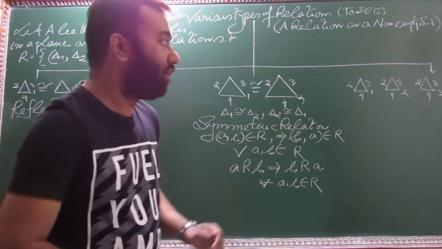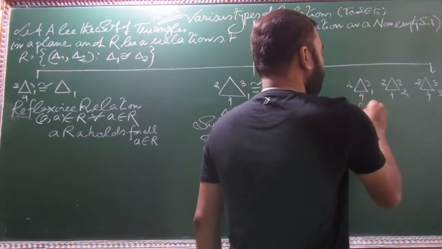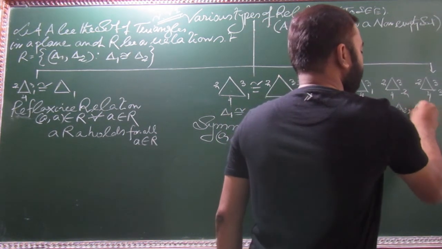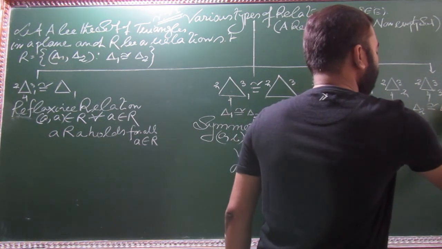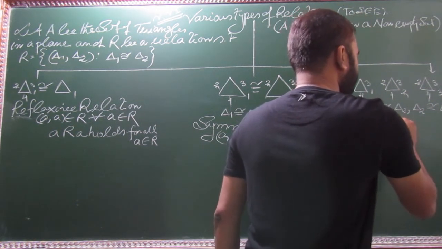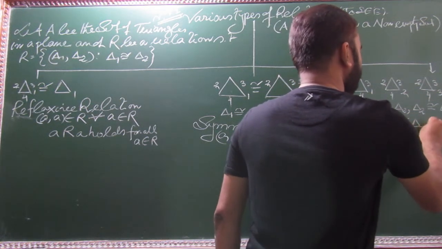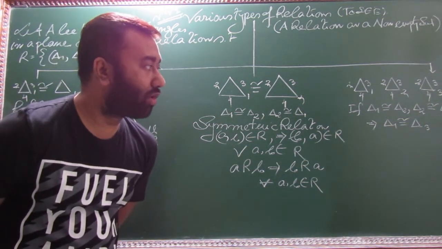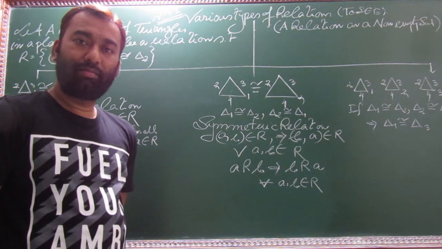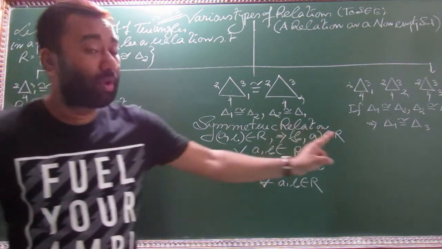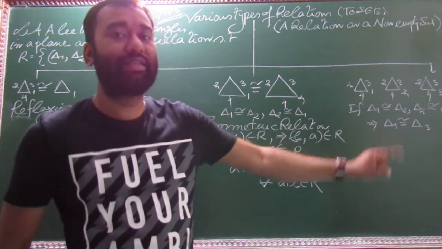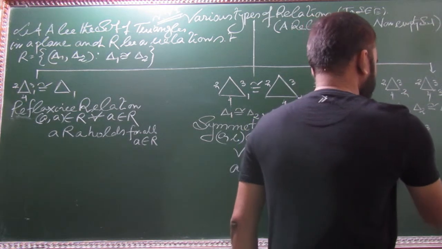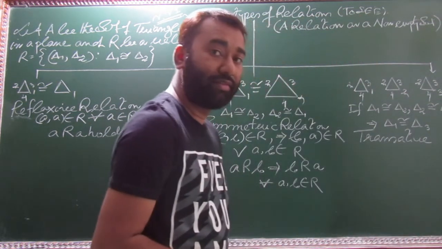Now you have observed that if del 1 is congruent with del 2 and del 2 is congruent with del 3, implies del 1 is congruent with del 3. Any problem? No problem. This property is known as transitive property or transitive relation.